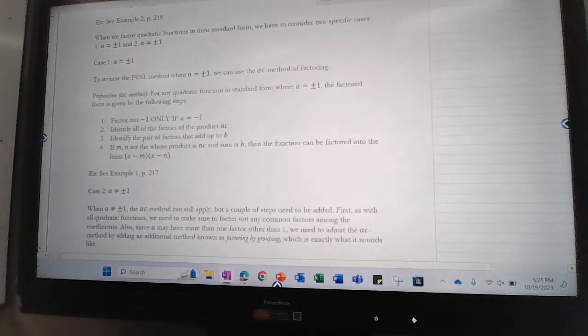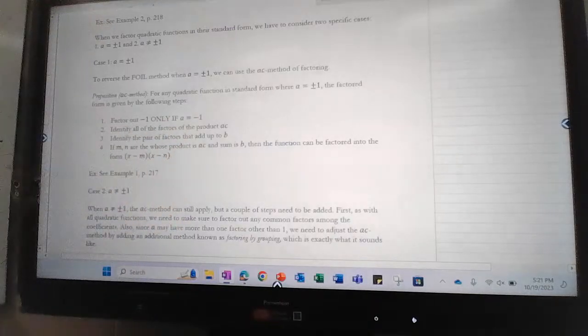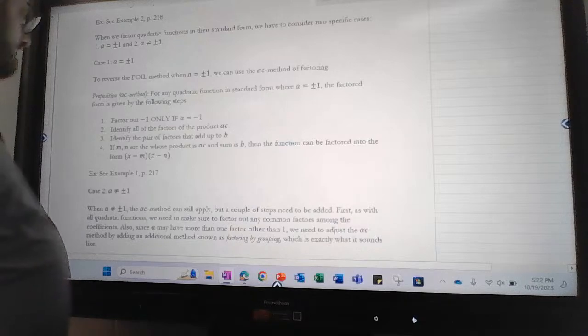Then you want to multiply a times c and identify all the factors of that number, whatever that number is. Then we need to pick a pair of those factors that add up to b. And again, that's because my a is 1, and when I combine the outside and inside terms, I'm combining those two numbers at the end of those factors, the a and the c.